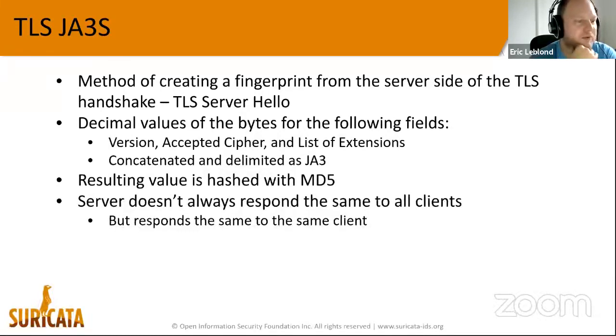You get unicity for the same client implementation on the same server implementation, but not for just one single server. That's quite useful though, because if you have a malware that connects to the same command and control, you will have the same client on the same server every time, so you can identify a malware system correctly.